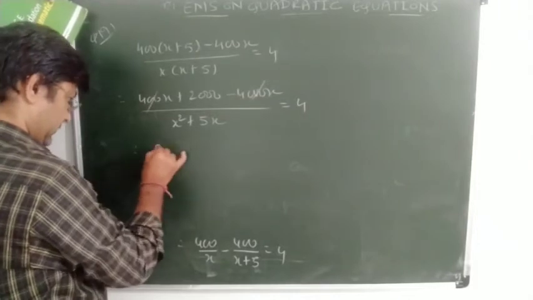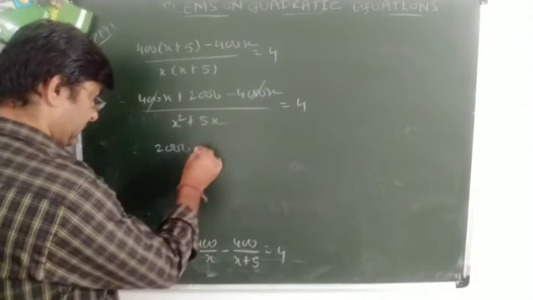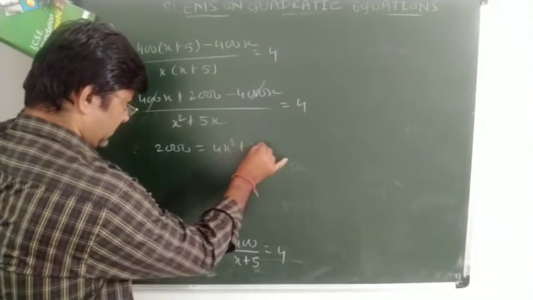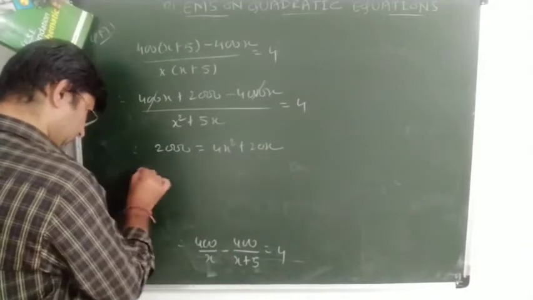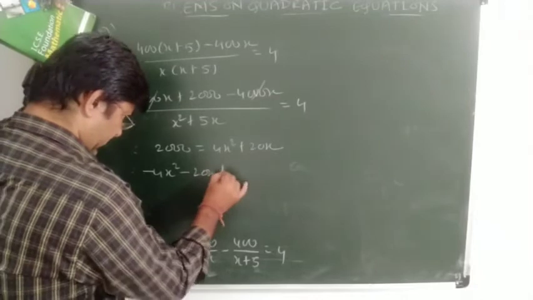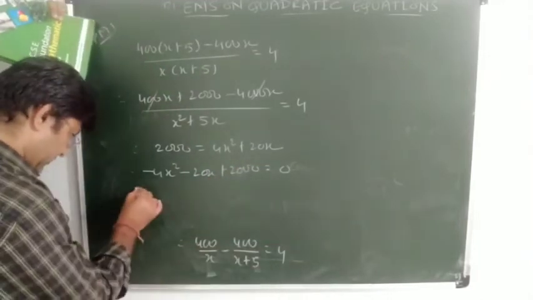Okay, therefore 2000 is equal to 4x square plus 20x, therefore minus 4x square minus 20x plus 2000 is equal to 0.